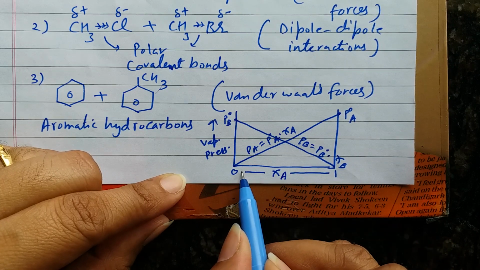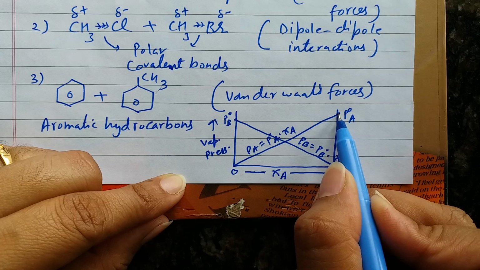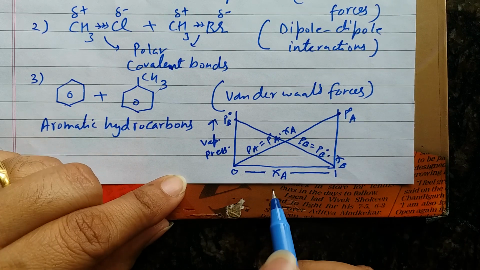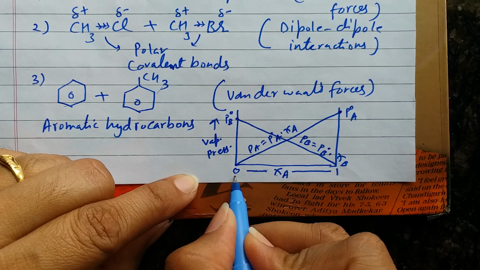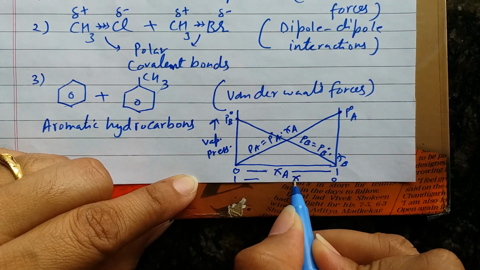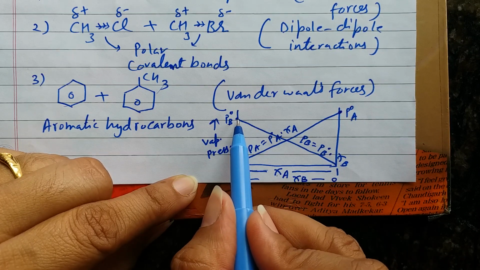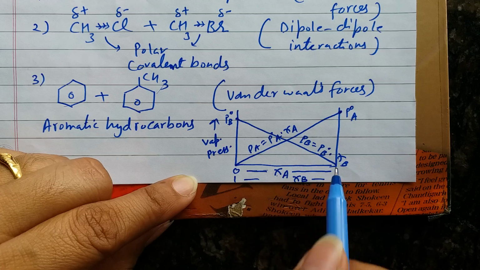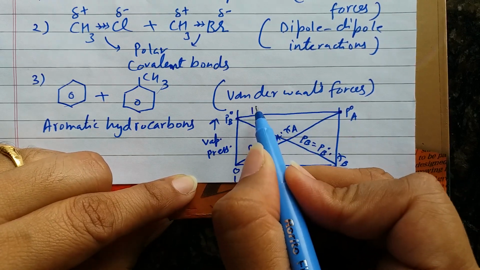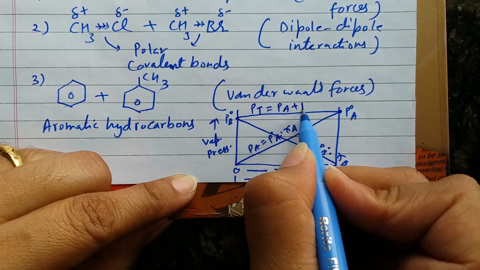As the mole fraction of A increases, the partial pressure of A increases, becoming maximum here. And as the mole fraction of A increases, the mole fraction of B decreases. Let me just show it as 1 to 0 for chi B. So chi B at the same time will decrease, and therefore the pressure PB is going to decrease. And when you join this to this, this is the curve for total pressure, which is equal to PA plus PB.